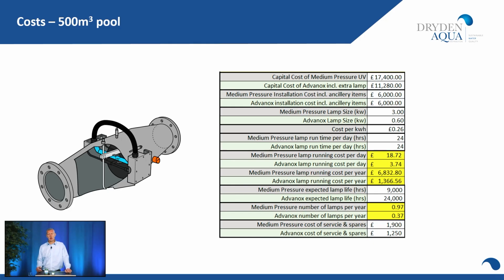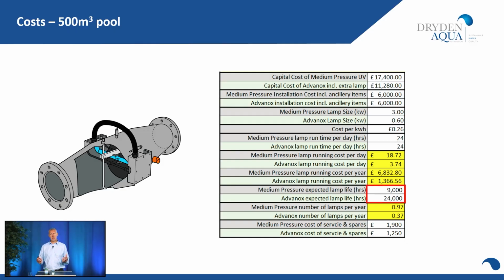If that system is on 24 hours a day running all year, that adds up to just shy of £7,000 for the medium pressure system compared to £1,366 for the Advanox.